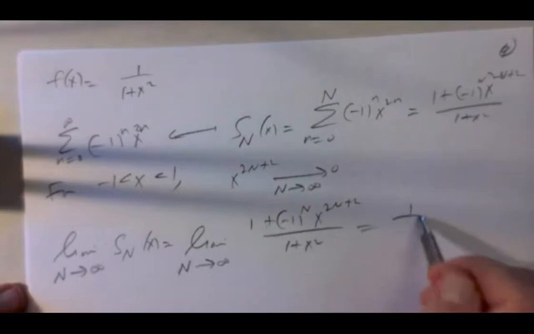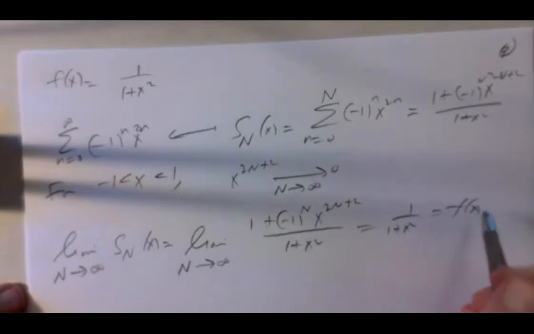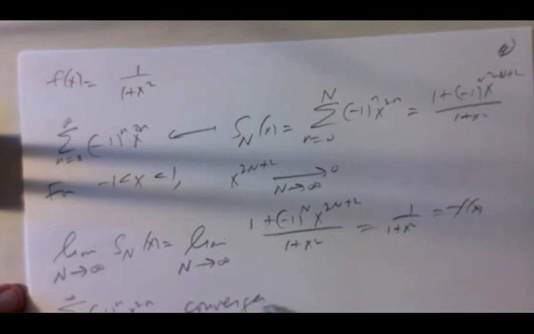This term goes to 0, so this limit is 1 over 1 plus x squared, which is f of x. So summation n goes from 0 to infinity, minus 1 to the n, x to the 2n, does converge pointwise to f of x.